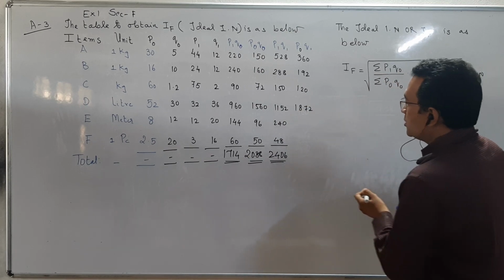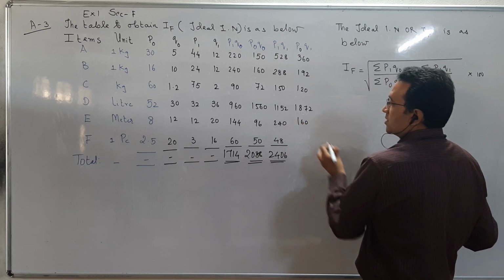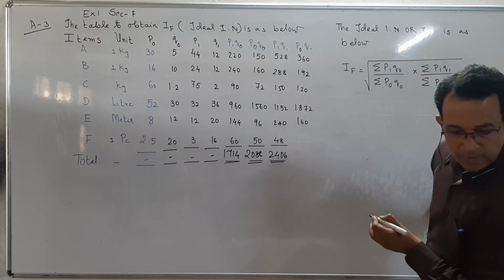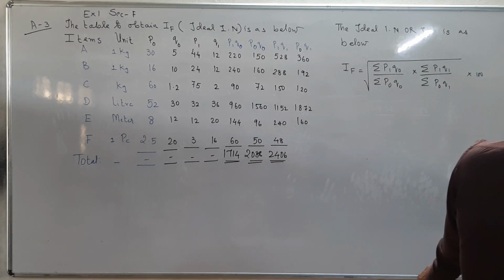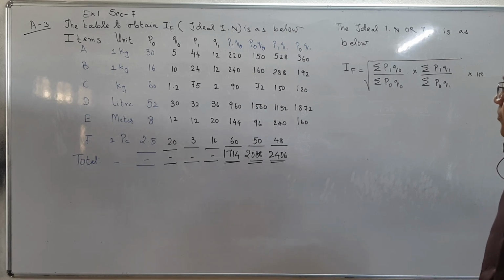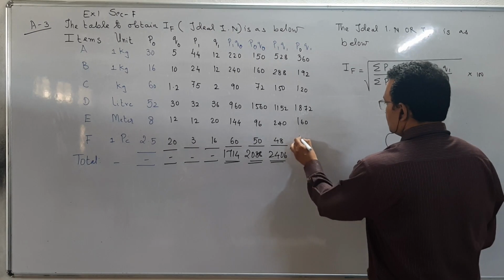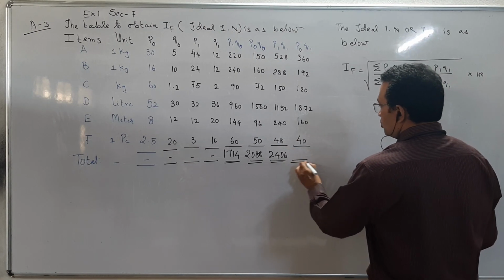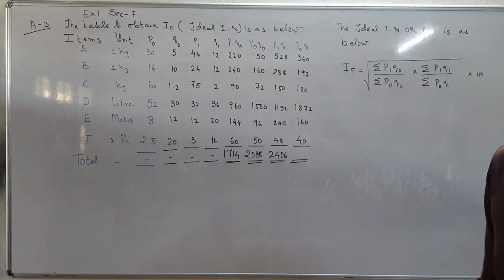Then 8 into 20, so 160. And last will be 4. Last is, you can say, 2.5 into 60, so 40. And this total, students, comes out to be 2744.